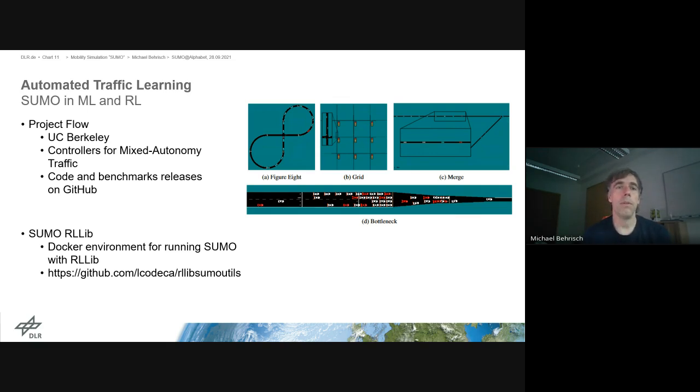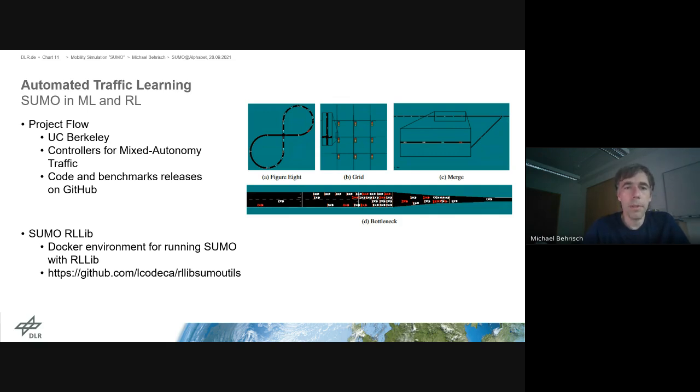And there is the project Flow, which is an interface to SUMO, which tried to set up some benchmark problems you can see here, to find good controllers for the autonomous vehicles as well. And so not only traffic light optimization, but also vehicle steering optimization.